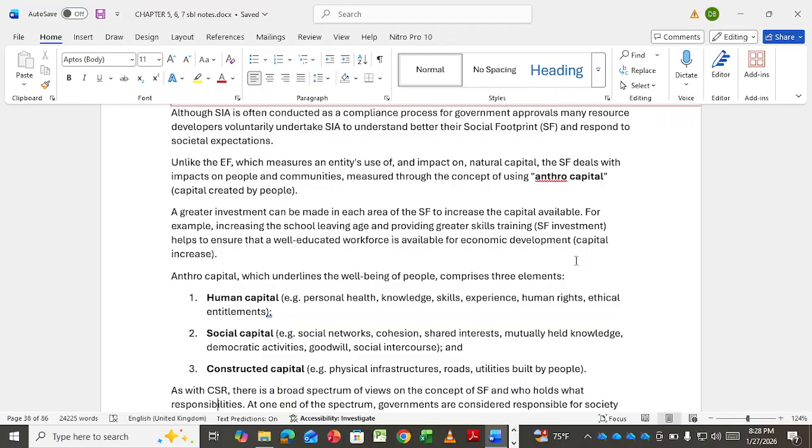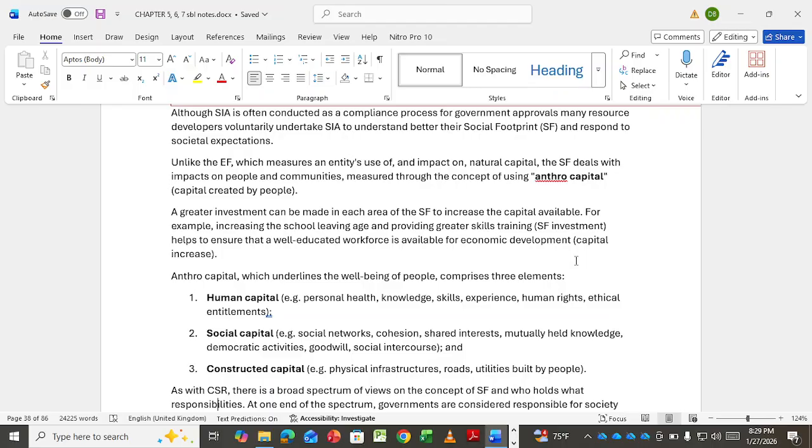Also constructed capital could come along under the social footprint. For example, look at Airtel, which could have done the painting of Nambole Stadium. That's an infrastructure that has been constructed to help the society or to motivate the society. Maybe they'll put up a road.